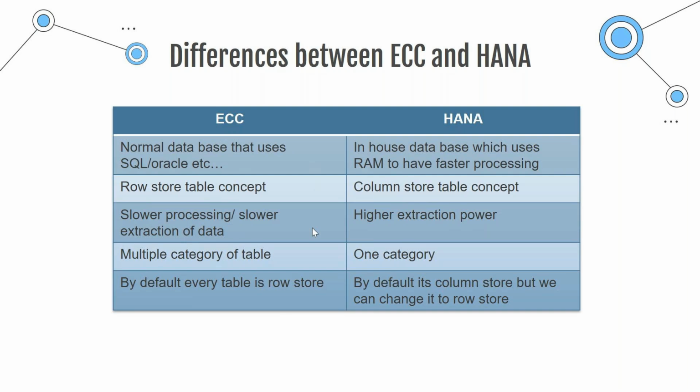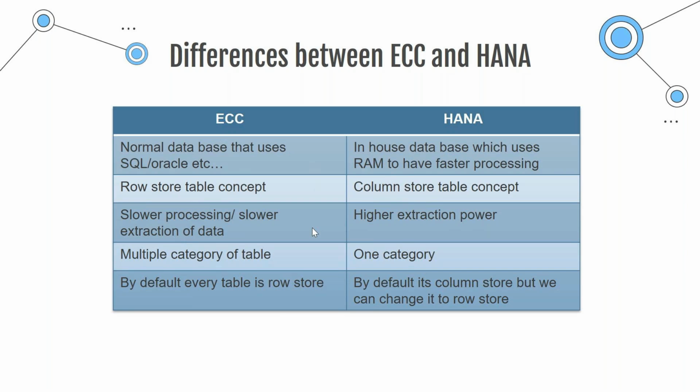We'll get into that when we get into second chapter, DDIC, data dictionary. So in ECC we have transparent tables, cluster tables, and pooled tables, three types of tables. Whereas in HANA we will only have one table, transparent tables. All the remaining tables are replaced with this one single category.